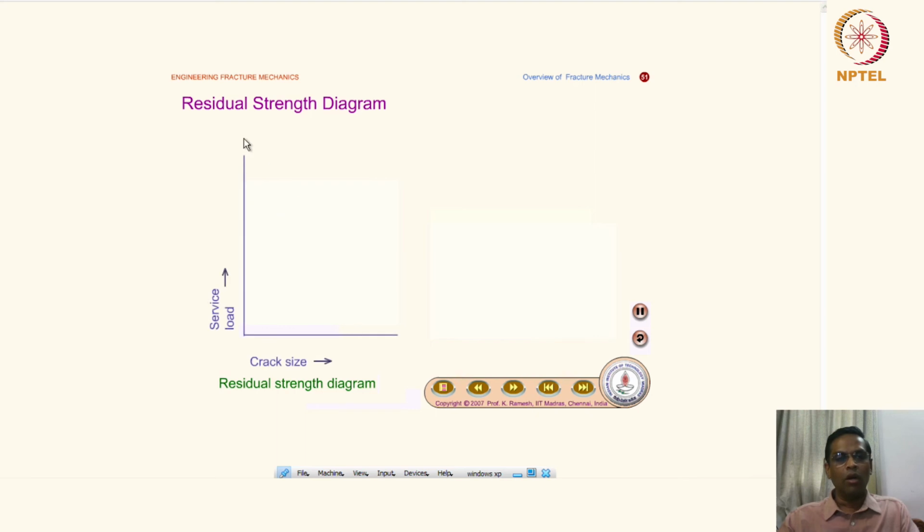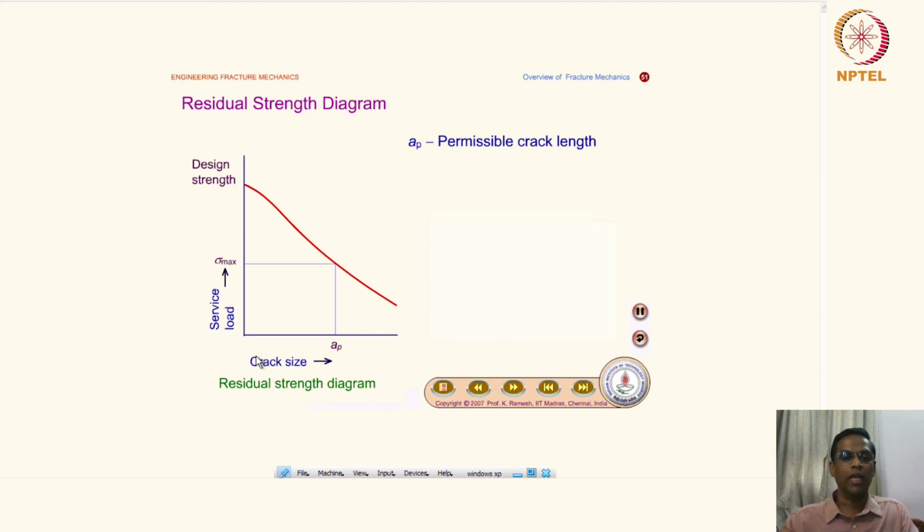And there is something called a residual strength diagram, which comes out of all these crack growth experiments. You have the service load, and then you have a design strength, which is a reference, and then you look at the crack size, how it grows, and then what is the maximum service load and what is the corresponding crack length.